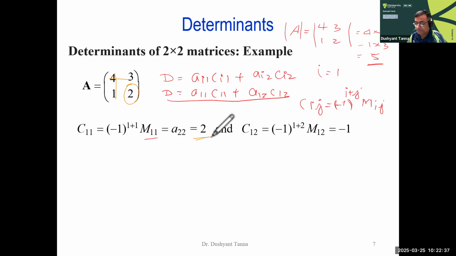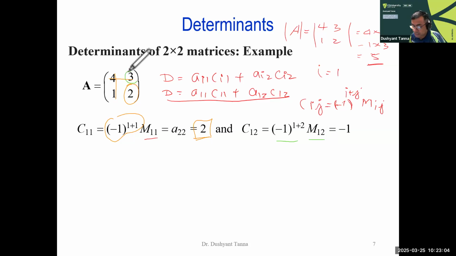Minus 1 squared, so that is plus 1. So C11 is a22, and that gives you 2. Now, let me go for some green color. If I'm talking about C12, then I'm talking about the cofactor of element a12. So minus 1 power 1 plus 2, M12. Now, what is M12?